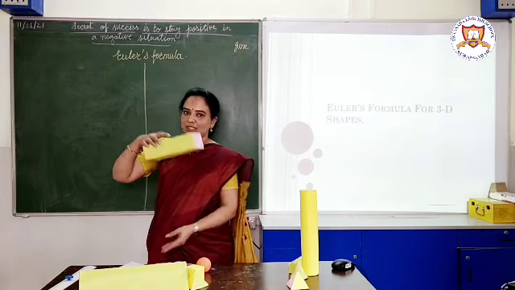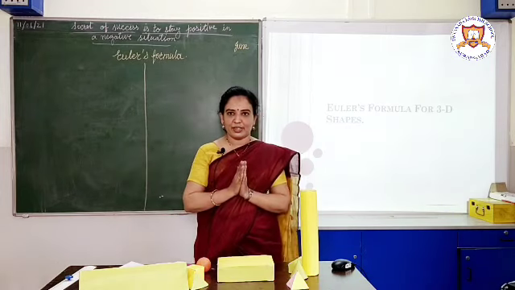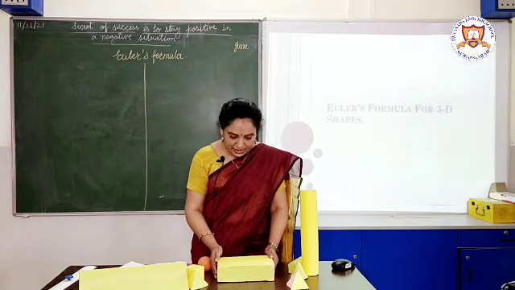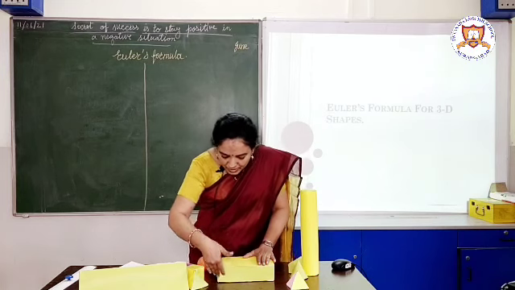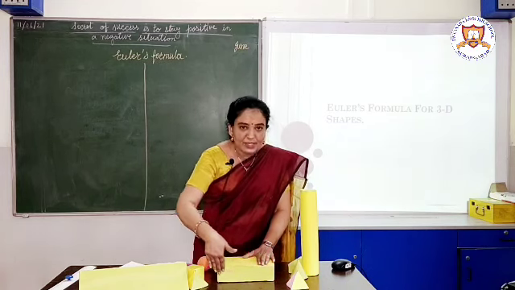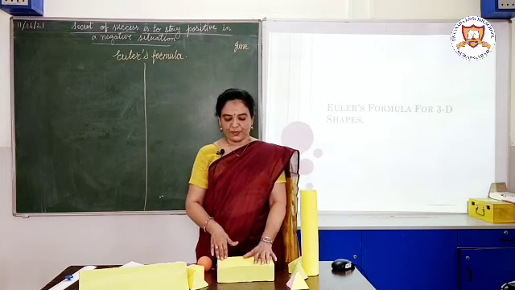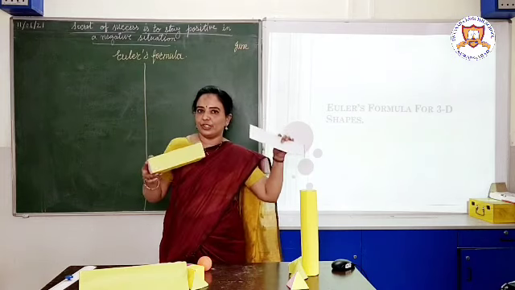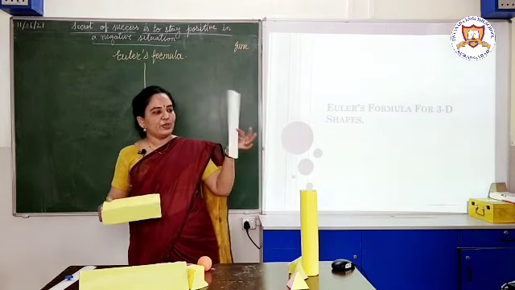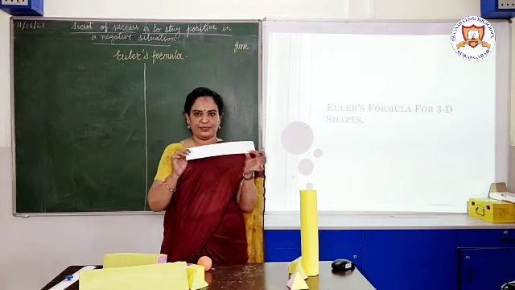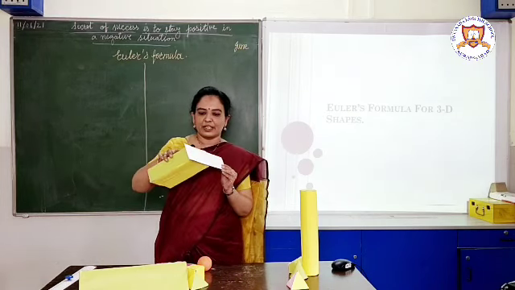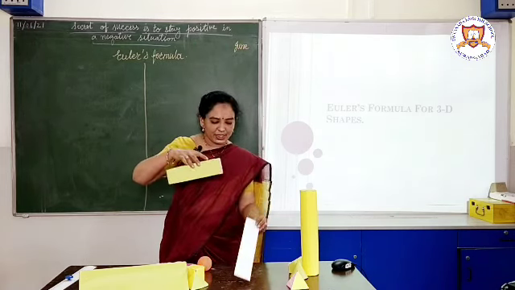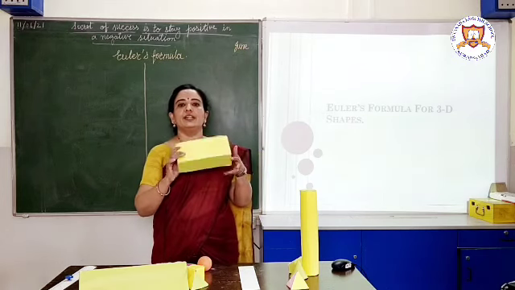But if I keep this cuboid on the table, it is occupying the length as well as the whole space of the table, and with that it is occupying the space of the air also. It is a hollow shape, and so this is the difference between the 2D shape and the 3D shape. 2D is totally flat, but if you combine these rectangles or any shape with heights, we get the 3D shape.